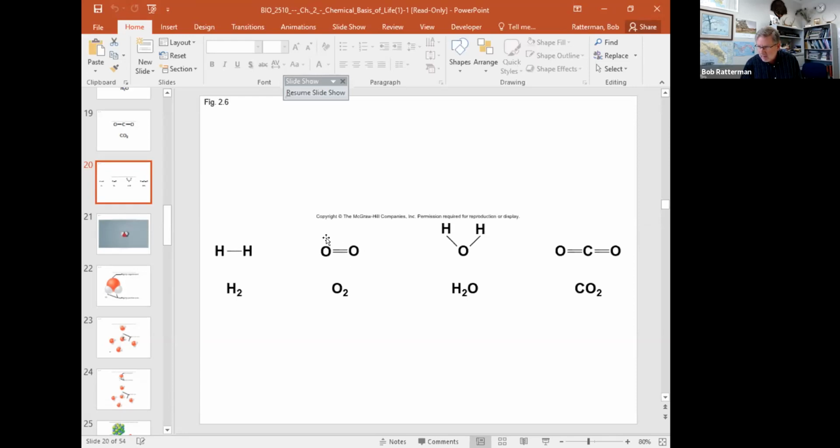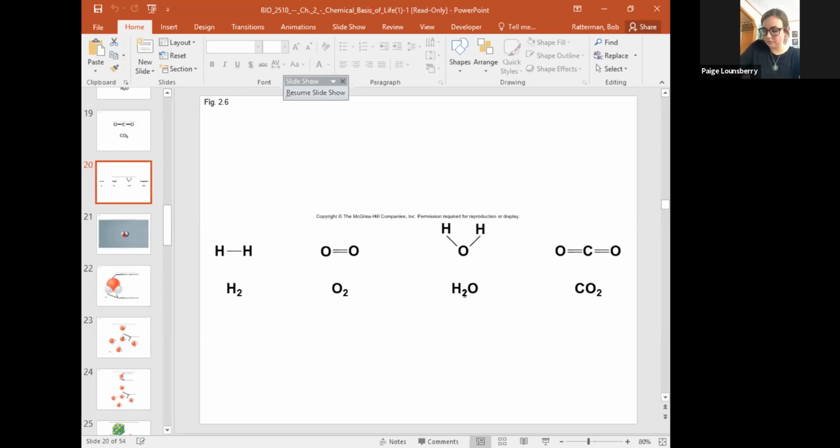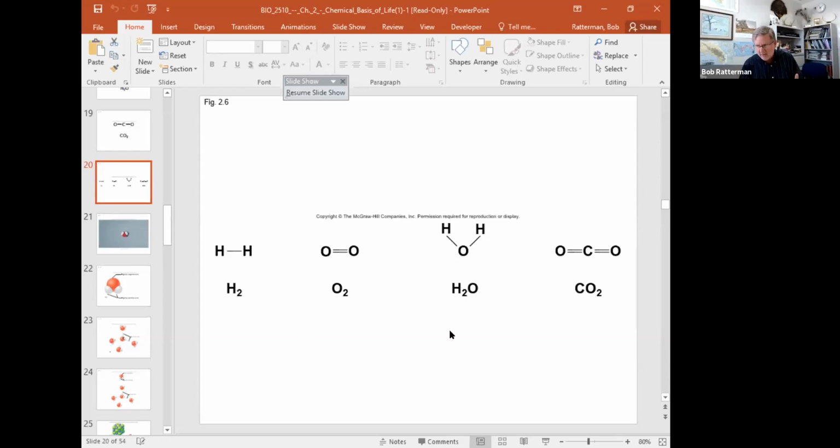This is, of course, a double covalent bond. So this is referring to the structural formulas. Here's the molecular formula. This is what you're more commonly acquainted with regard to water, for example. Everybody on Earth knows H2O is water, I would hope.